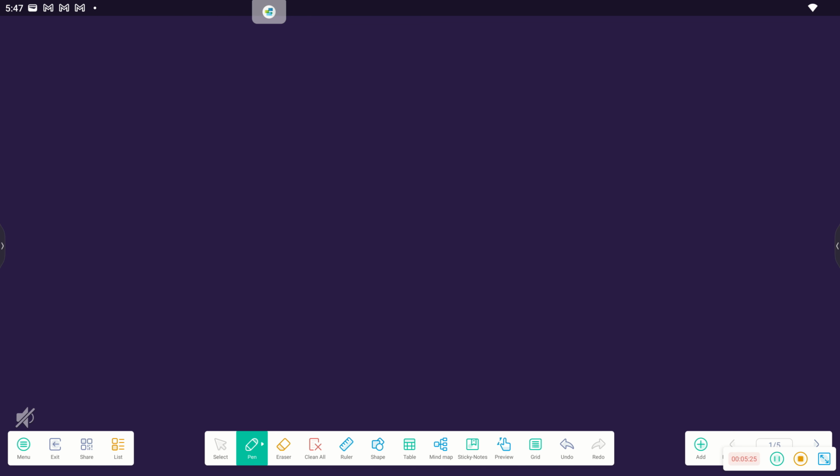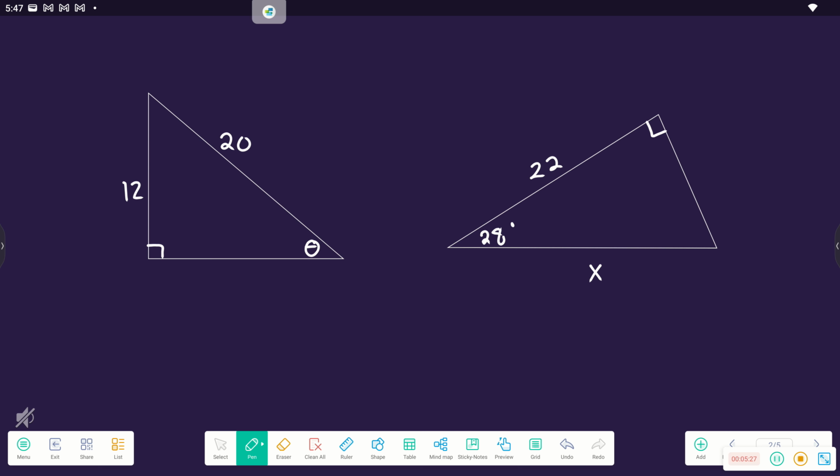Okay, so on this first one, we are looking for theta. So I need to figure out what is this angle. So I'm going to look at what I have. 12 is opposite of that angle, and 20 is the hypotenuse.